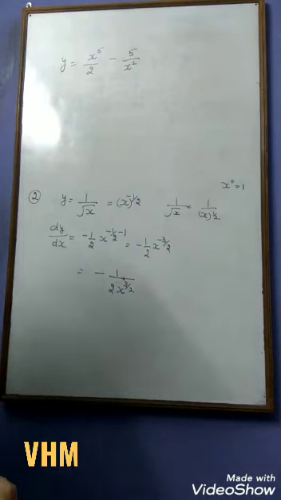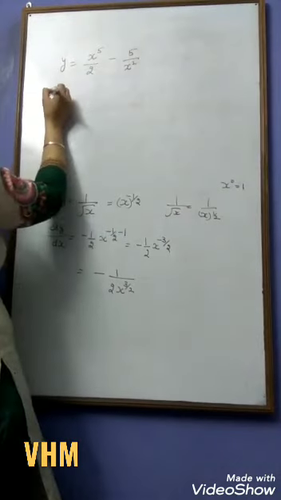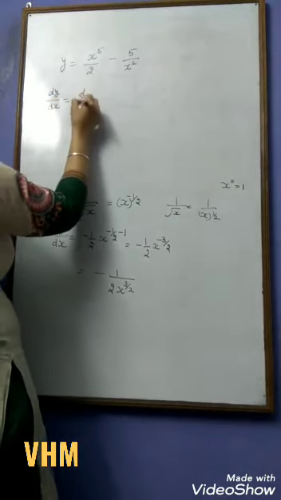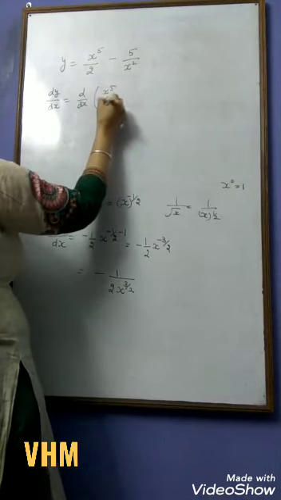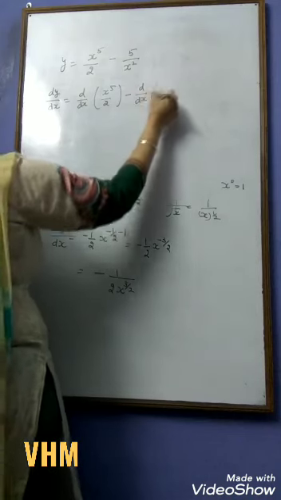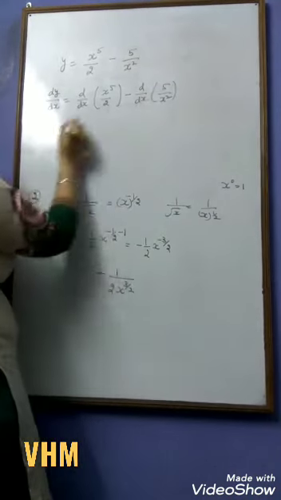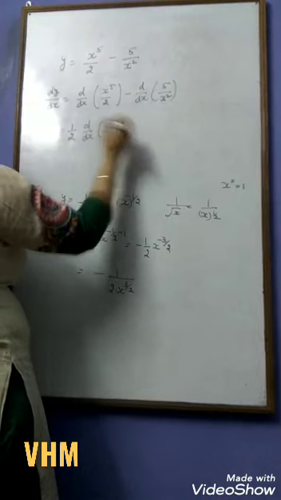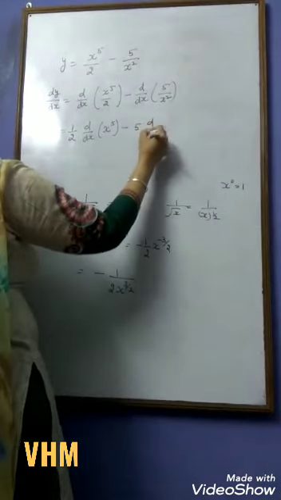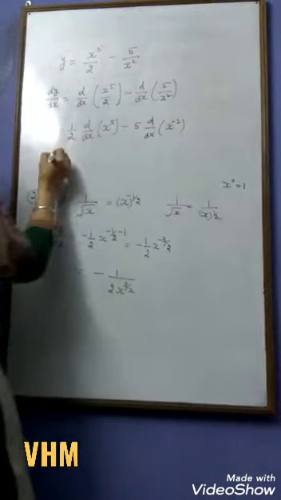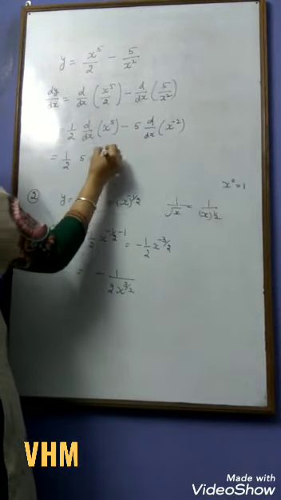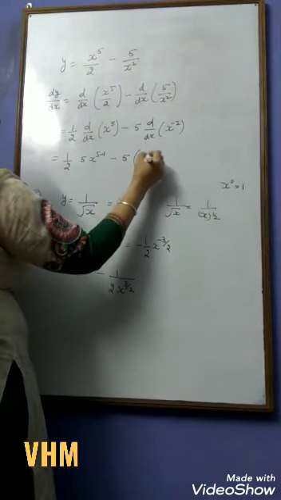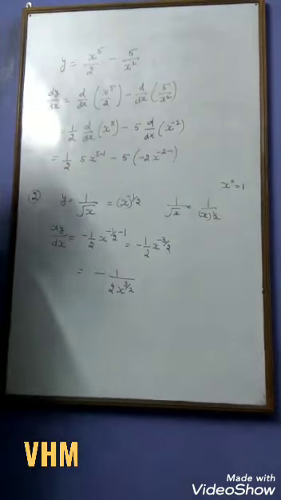It has two terms, so dy upon dx is the derivative of x^(5/2) minus the derivative of 5 by x². Here the constants stay: half times the derivative of x⁵, minus 5 times the derivative of x^(-2). So (5/2)x^(5/2 - 1) minus 5 times (-2)x^(-2-1).